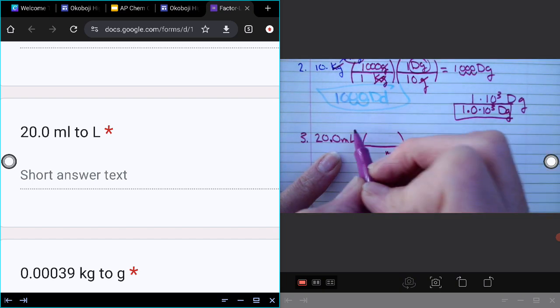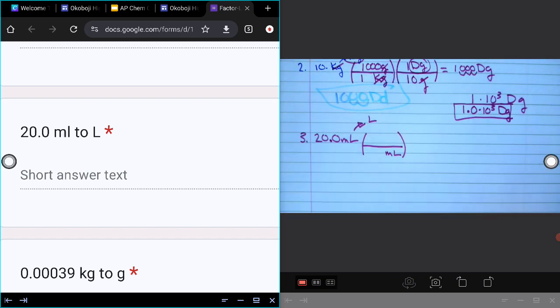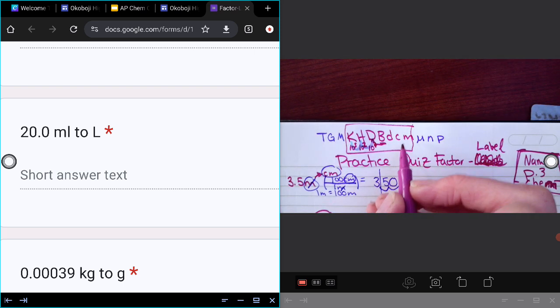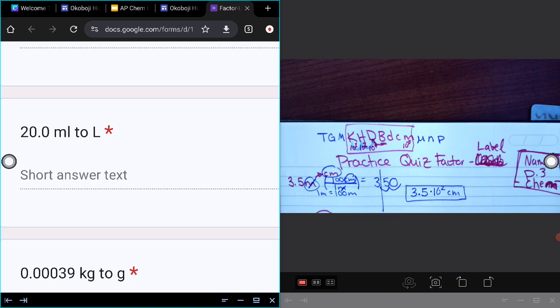And if we want to go to liters, you're going to think, do I know how many milliliters are in a liter? Yes, a milliliter is 1,000th of a liter. If it's 1,000th of a liter, 10 to the negative third, how many milliliters are in a liter? It's just the same as millimeters if you need to think about a meter stick.